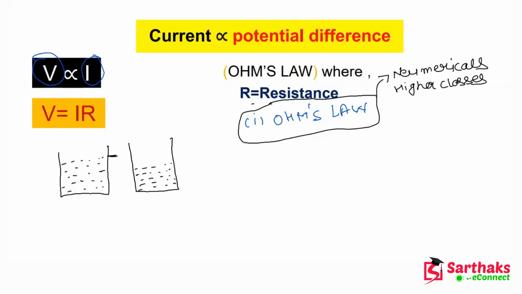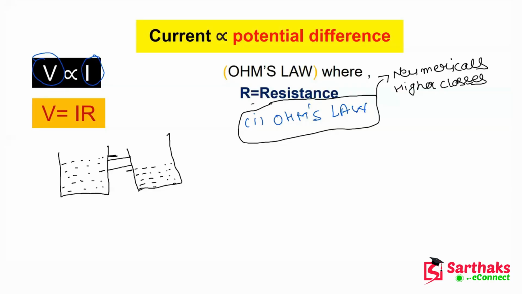Here you can see that there is some difference between the levels of water in the jars. If I connect these two jars by the help of a wire, what will happen?